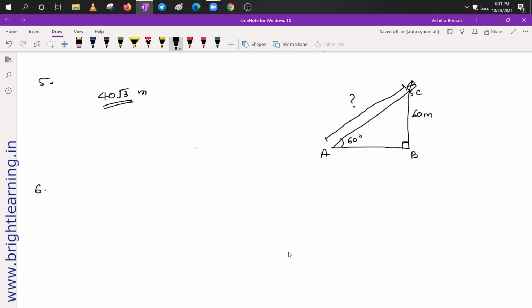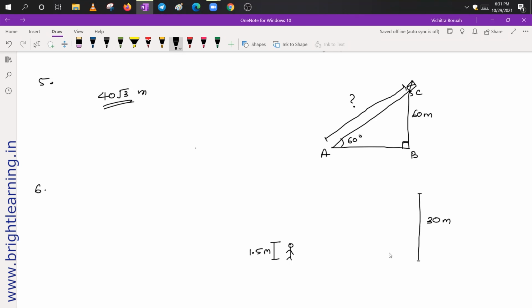So suppose there is a boy, and the height of this boy is given, that is 1.5 meters, and he's standing at some distance from a 30-meter tall building. Suppose this is a building, and its height is 30 meters.